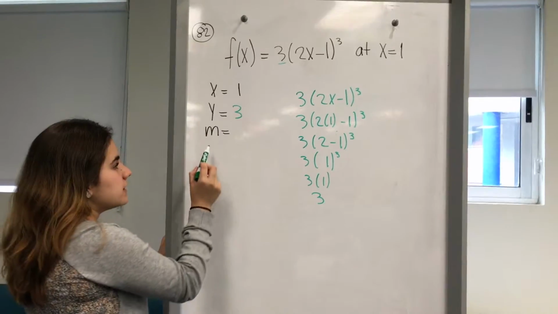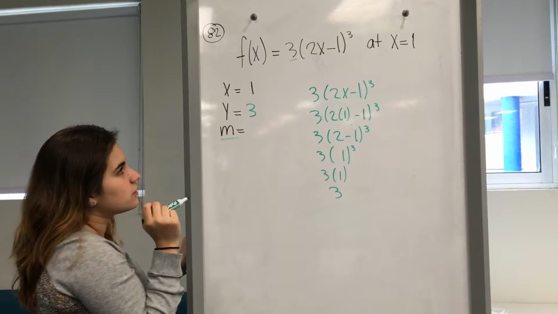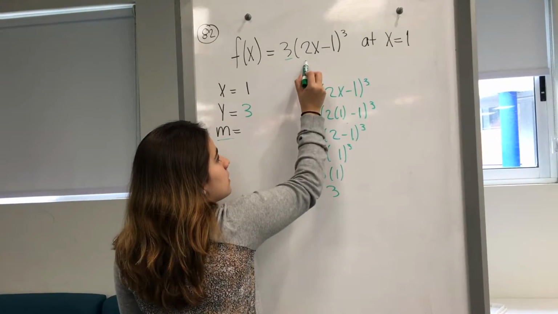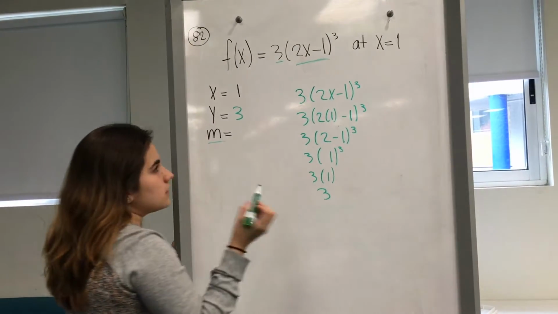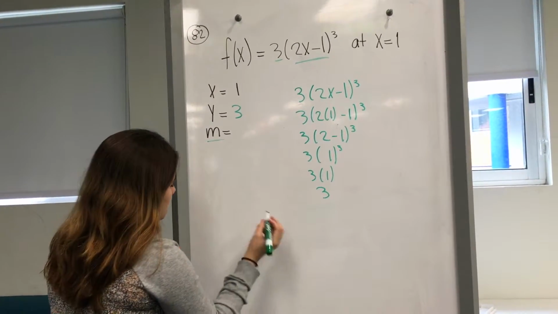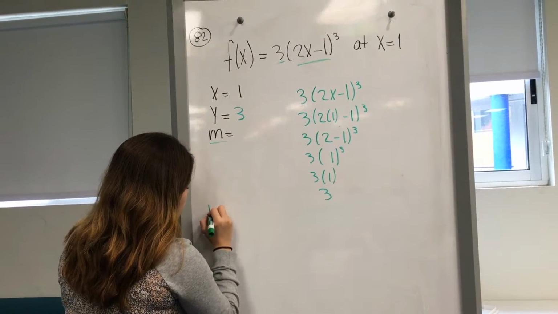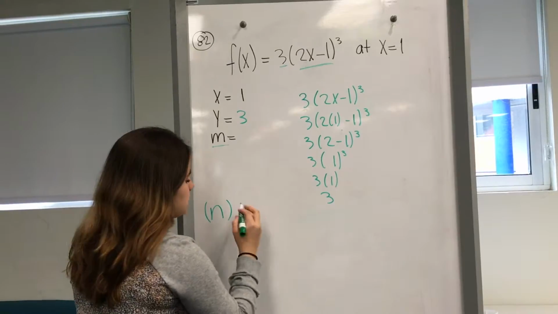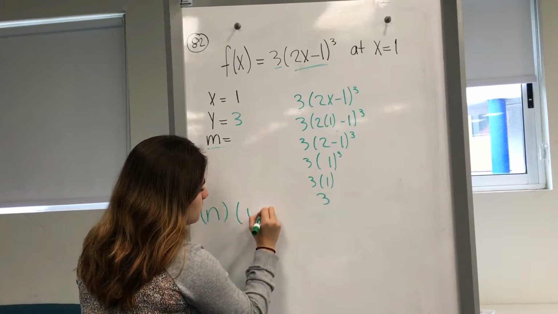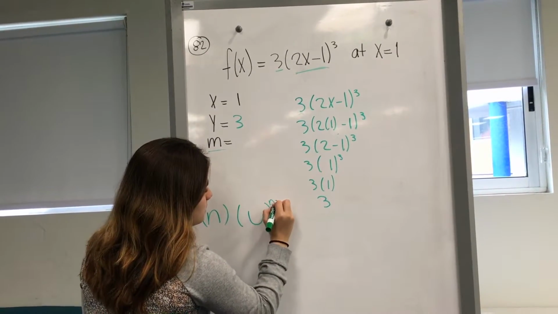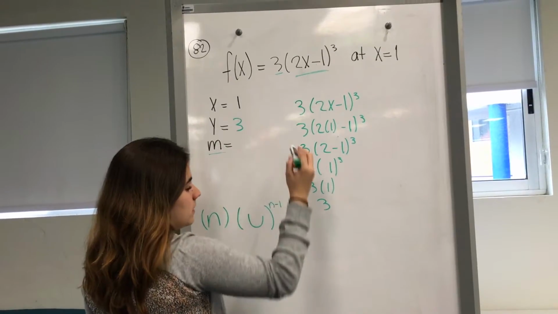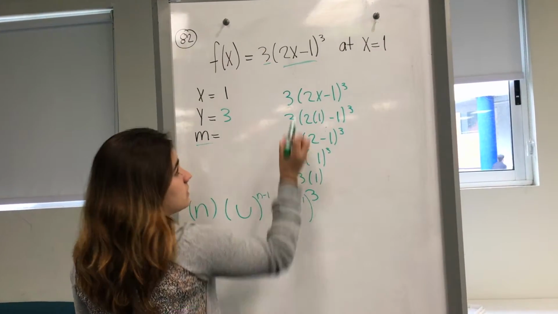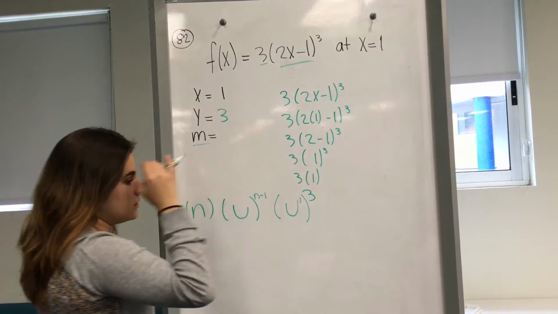Now we're going to find m, which is the slope, and to find that we have to find the derivative of this using the formula. It's n, which is the exponent, times u to the n minus 1, which is the exponent minus 1, times u prime, which is the derivative of what is inside the parentheses.